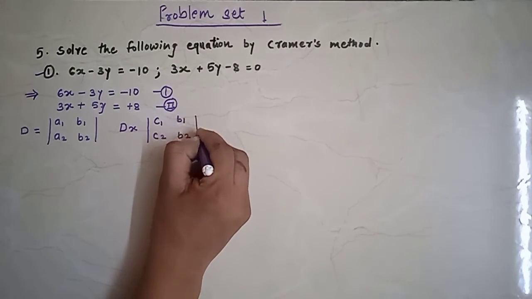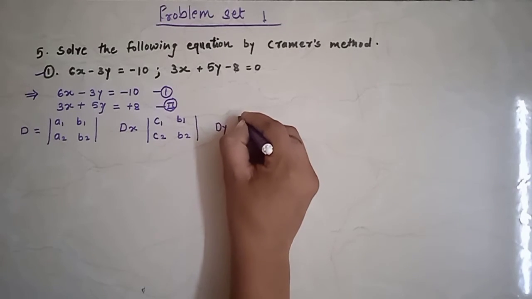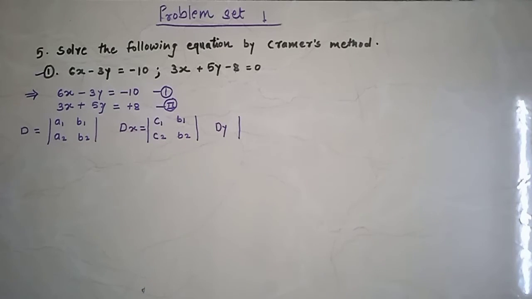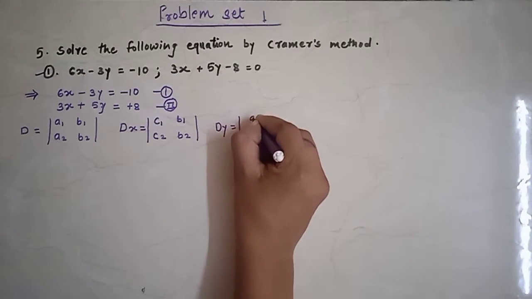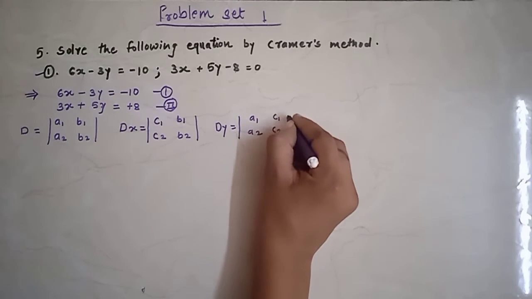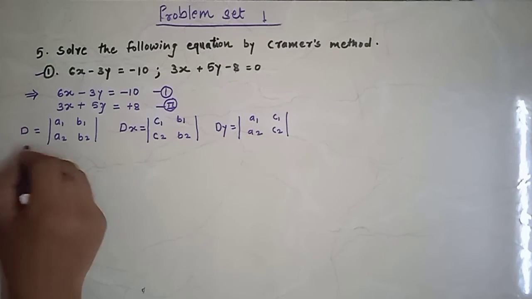And D of y is a1 a2 and c1 c2, where b1 b2 is replaced by c1 c2. So we know the formulas. Let's start to solve this equation.